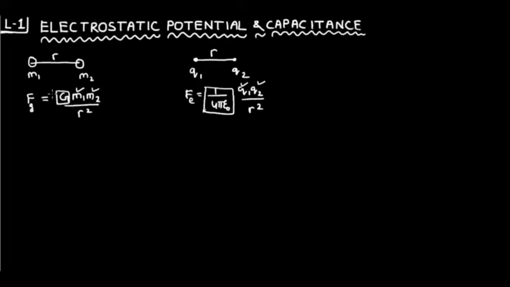So the force of gravitation between two masses is similar to the electrostatic force between 2 point charges.